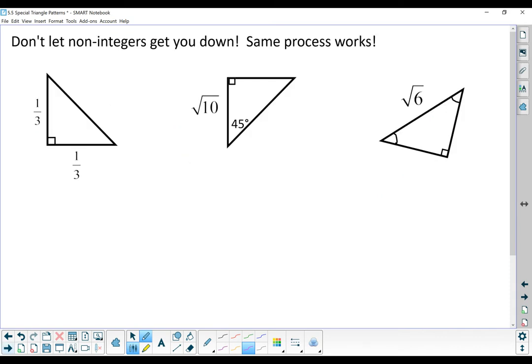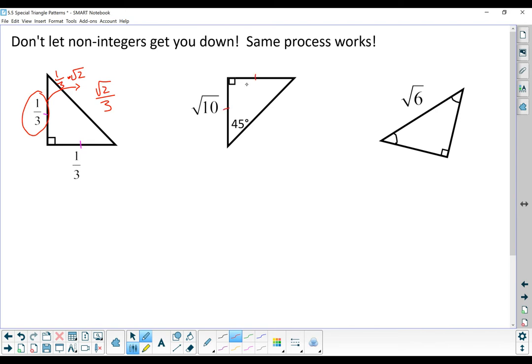Even if the legs or hypotenuse are not integers, if they're fractions or radicals, our process is the same. Whatever our leg is, we multiply by root 2 to get the hypotenuse. So 1/3 times root 2, your calculator may report it to you like this, or you can leave it as 1/3 times root 2, which is fine as well.